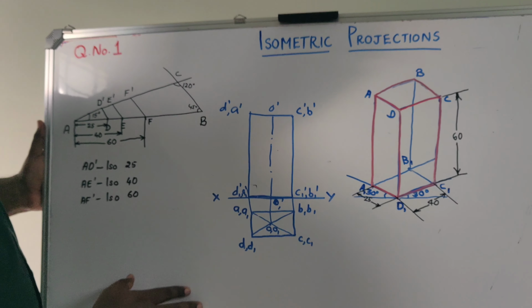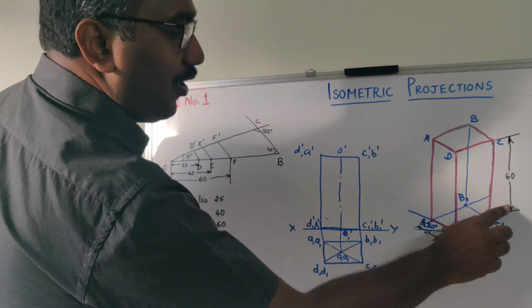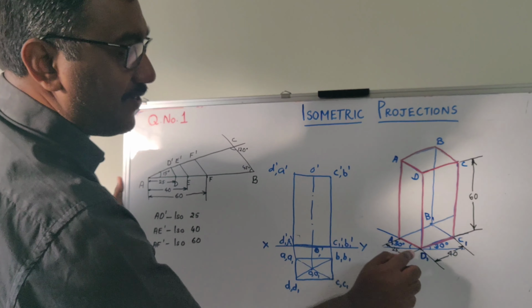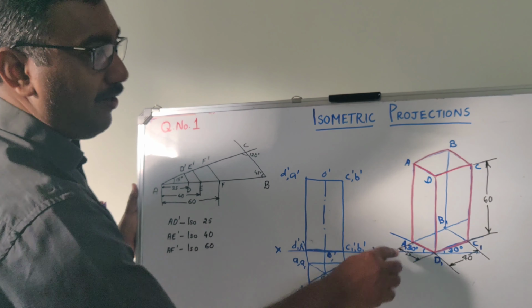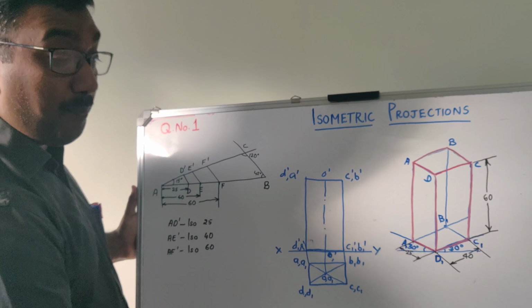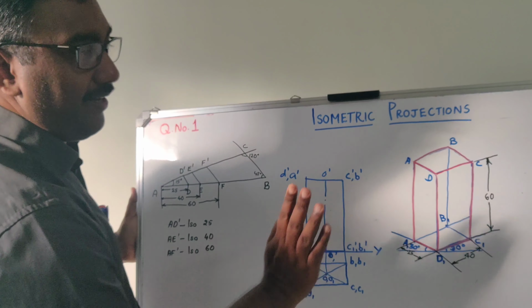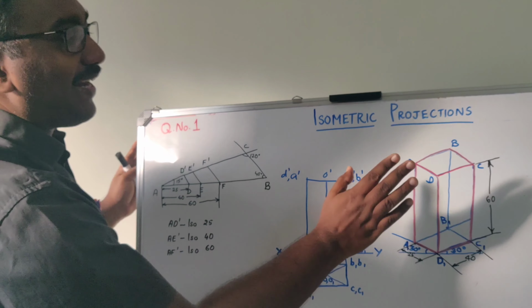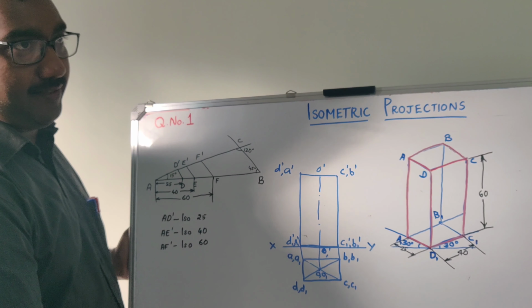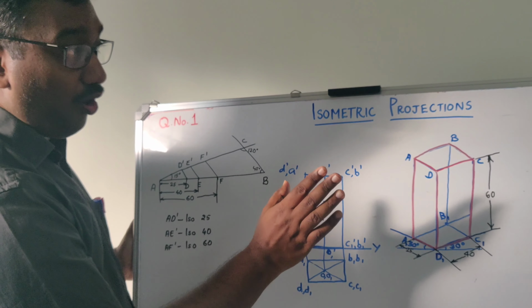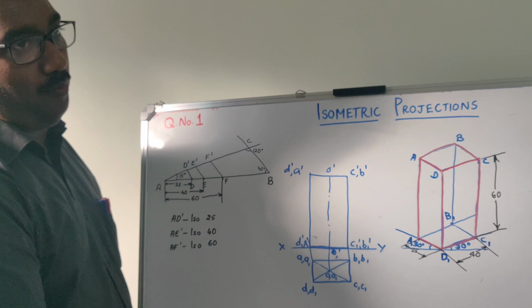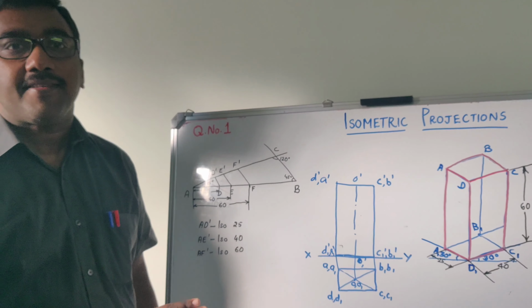I have mentioned what the horizontal isometric plane is: you have only two isometric axes which are inclined at 30 degrees, and using that you have drawn the other parts. Then you have dimensioned it. Now we have got a three-dimensional view of the object, which is the isometric projection of the object. Now we can practice this. Thank you.